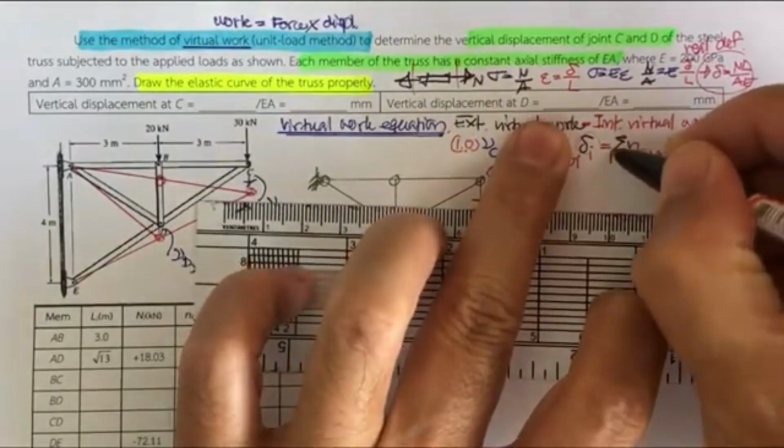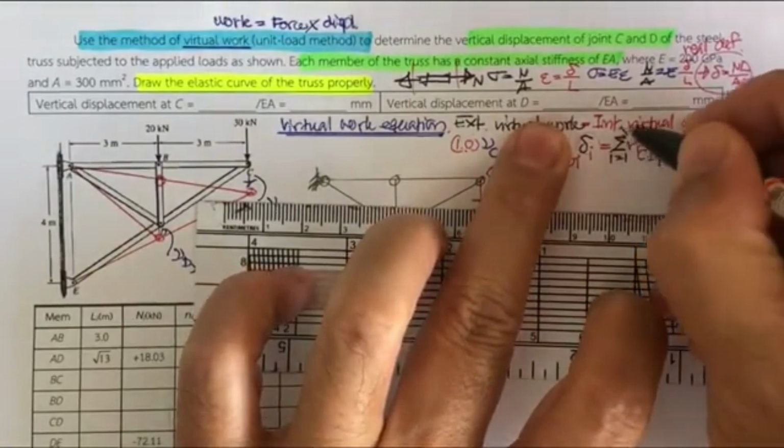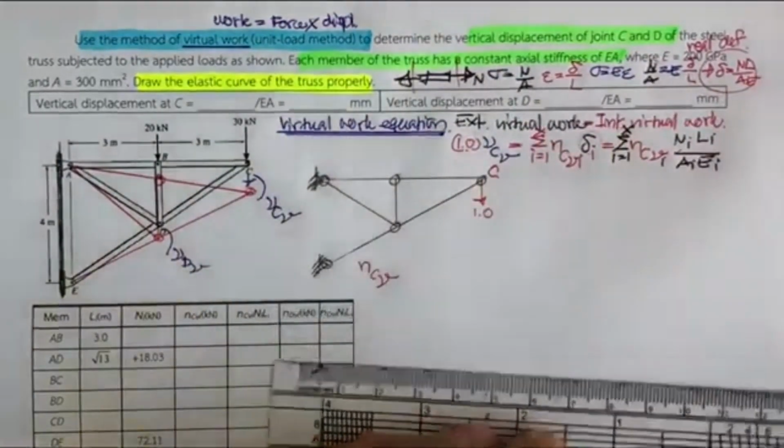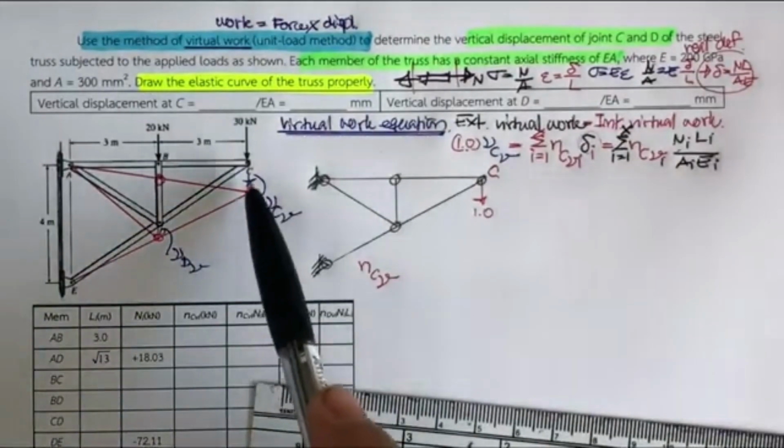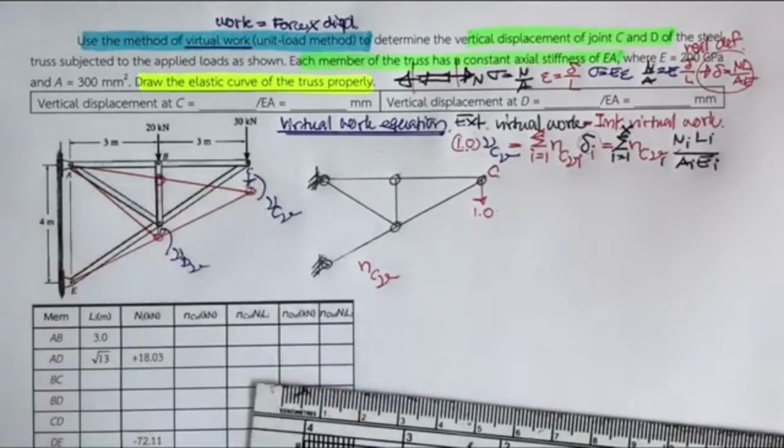The summation runs over the total number of elements. This is the equation that determines the vertical displacement at C.